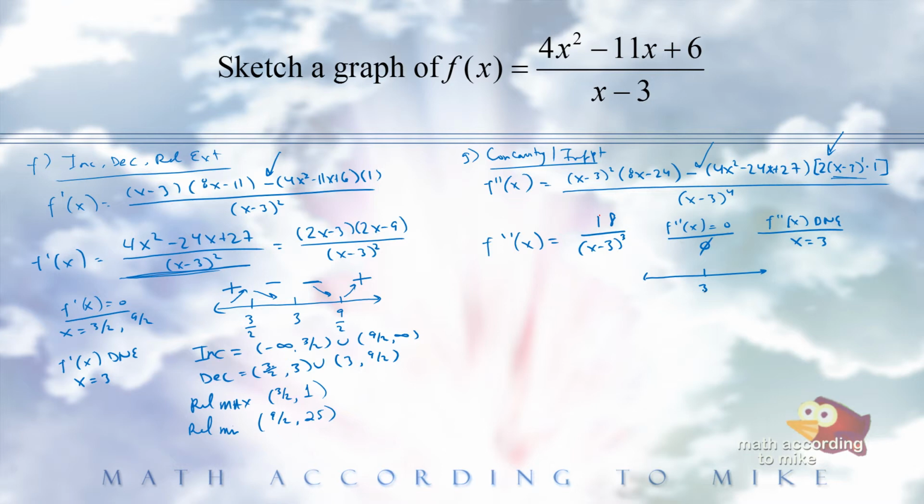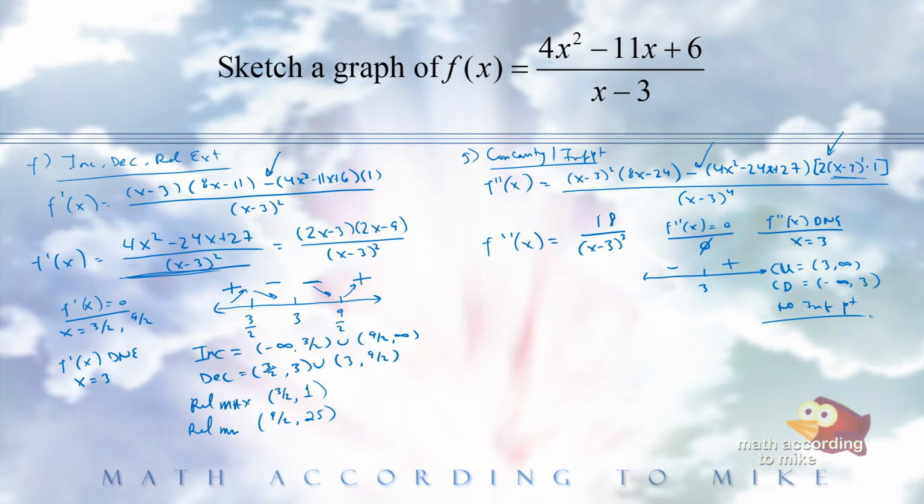So again, we will put in some numbers. If we put in 0, we get negative. If we put in 5, for instance, we would get positive. That's great. So we are concave up after 3, and concave down before 3, but again, no inflection points because 3 is not in the domain.